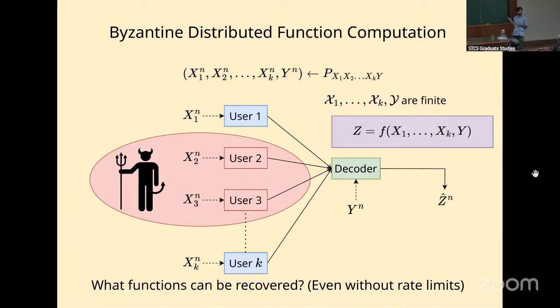So in this picture, the adversary is not corrupting x1. In this case, it can be up to k minus 1 corruptions. So we have a general characterization in that sense.